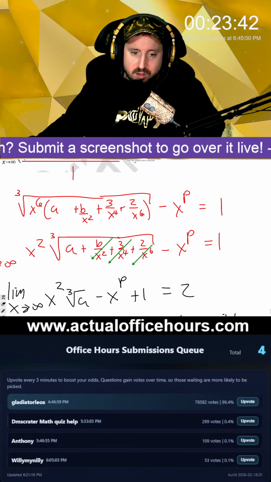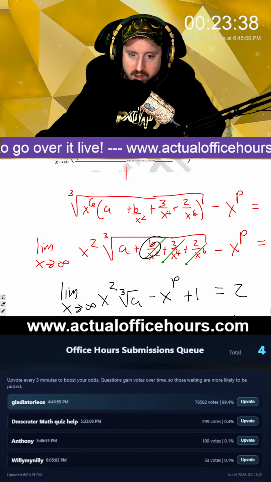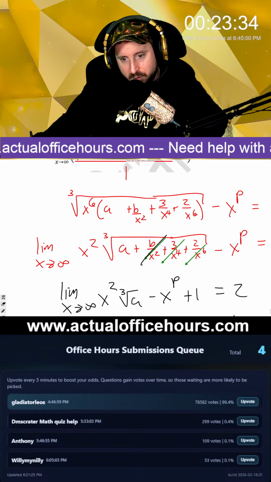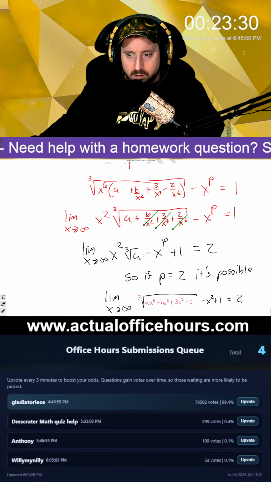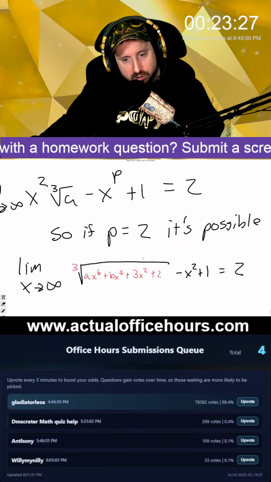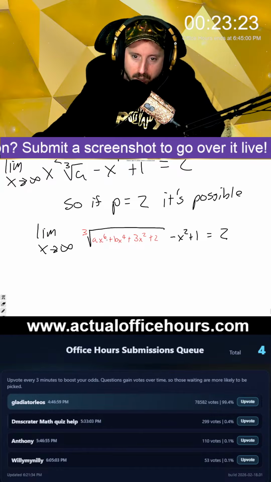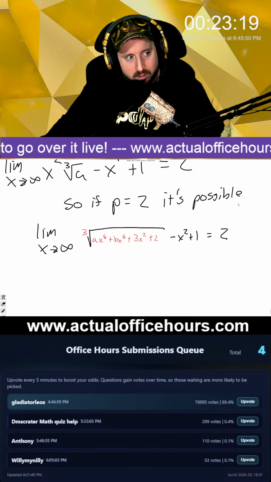So what I did for these is I assumed as x was approaching infinity that these things we don't really care about, because they'll be small compared to what a is. But I think we could only use that to prove that p was equal to 2. We can't get rid of them to show that this whole thing is equal to 2.